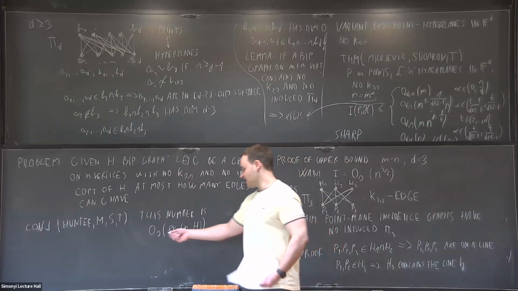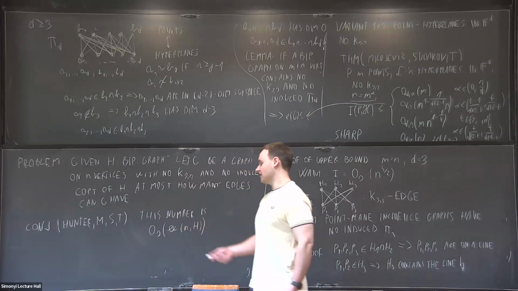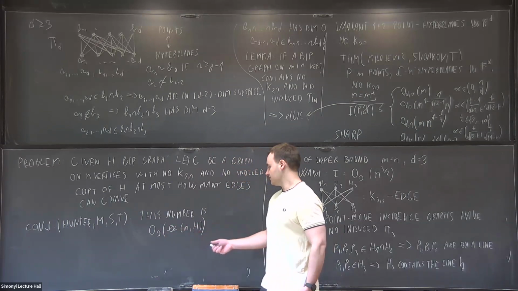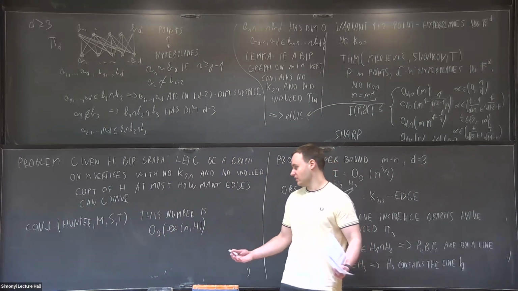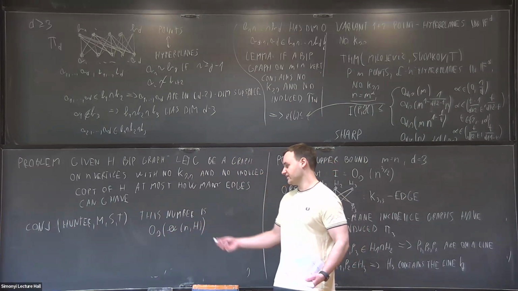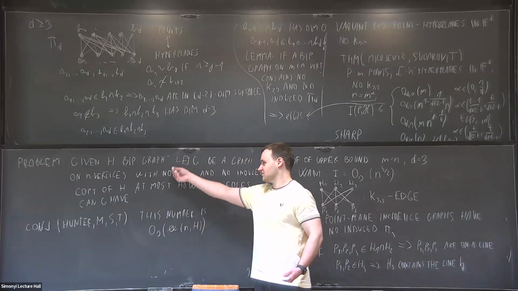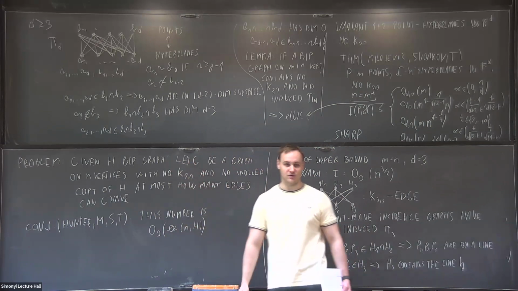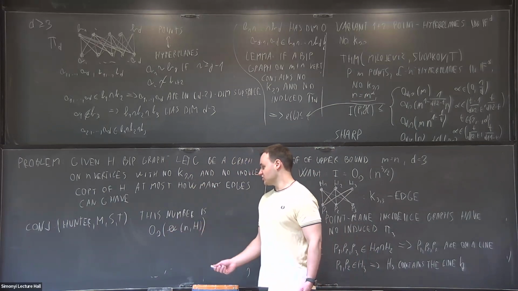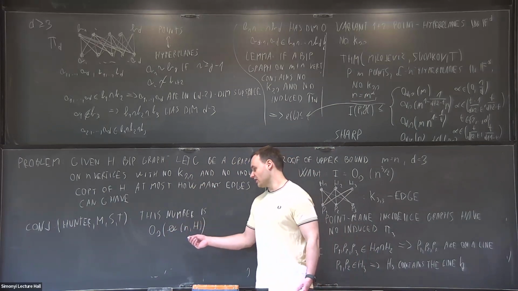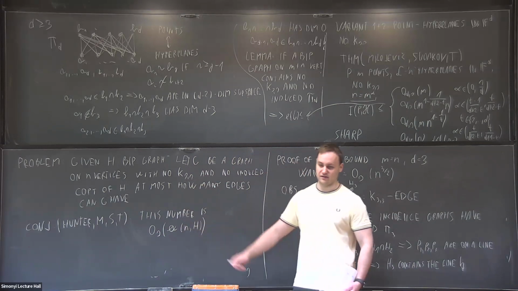Because clearly when S is large, larger than the size of H, then the extremal number of H is a lower bound. So if you have a graph which avoids H and S is large, then of course this will satisfy this property.